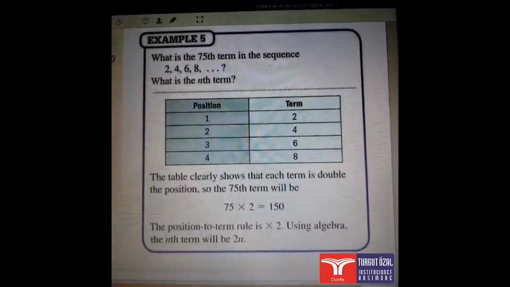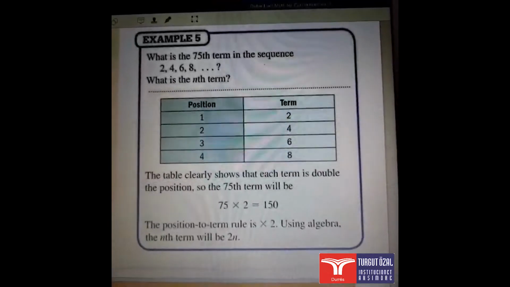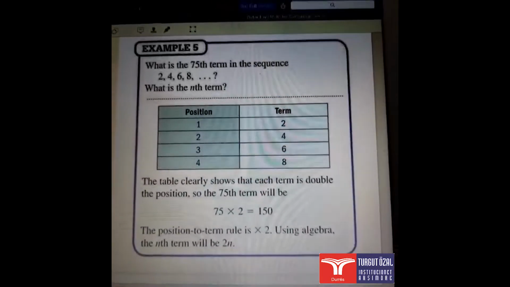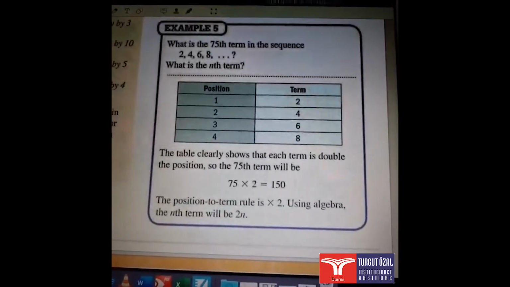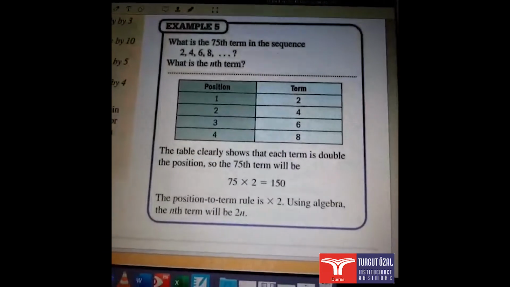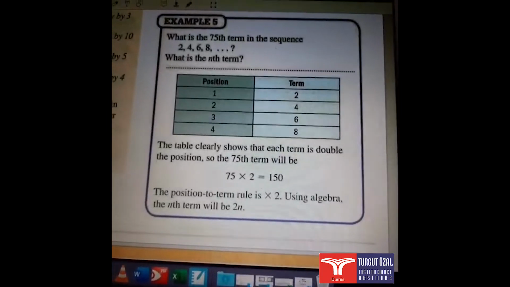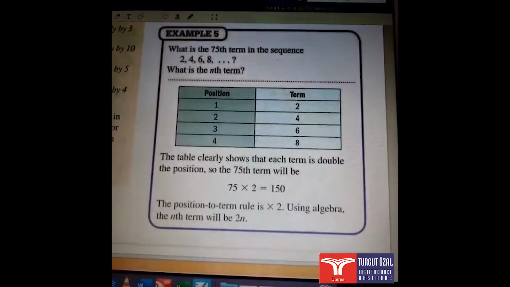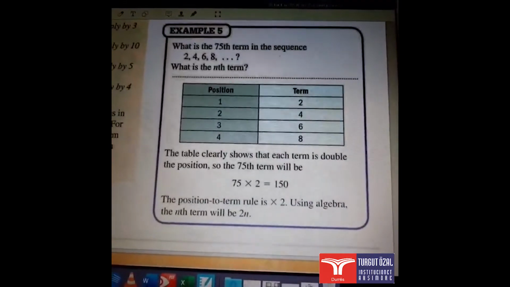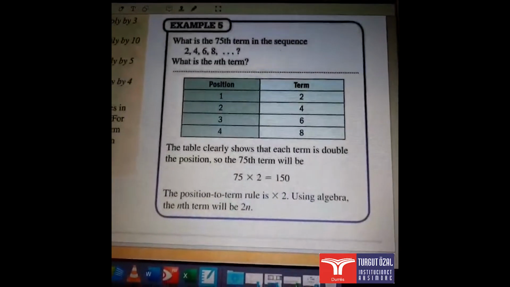Let's have a look at example 5 found in your book. What is the 75th term in the sequence 2, 4, 6, 8, and so on? In the first example, we learned how to generate a sequence by using the term-to-term rule. It means we found the rule for passing from one term to the other term.